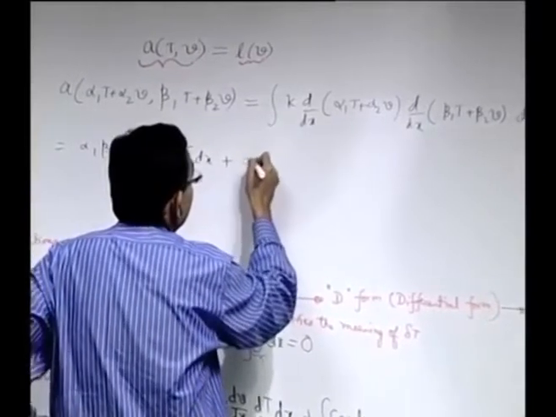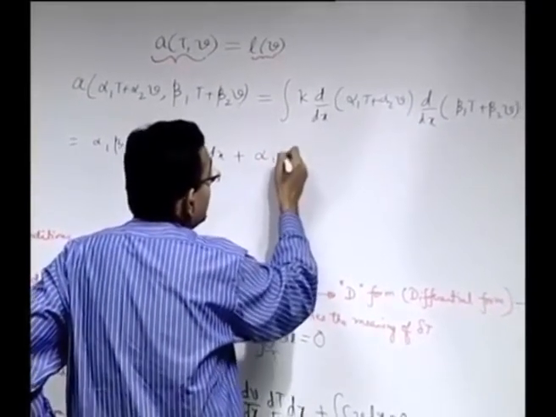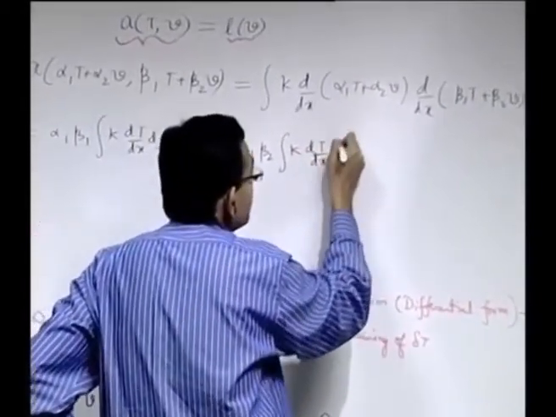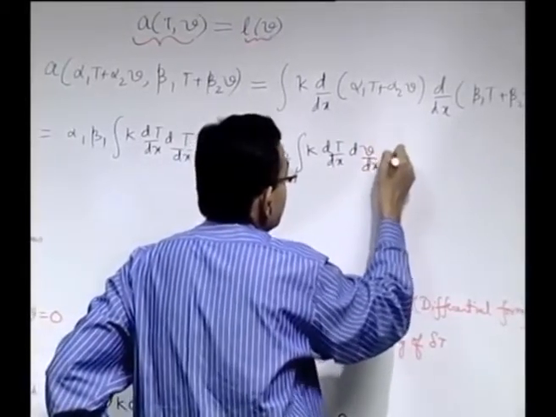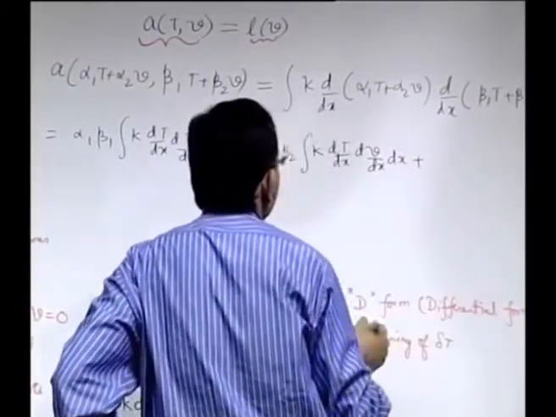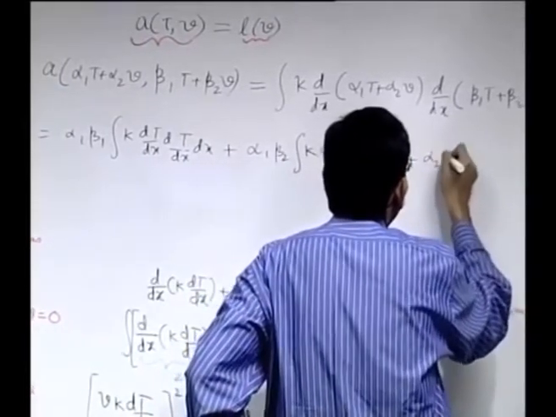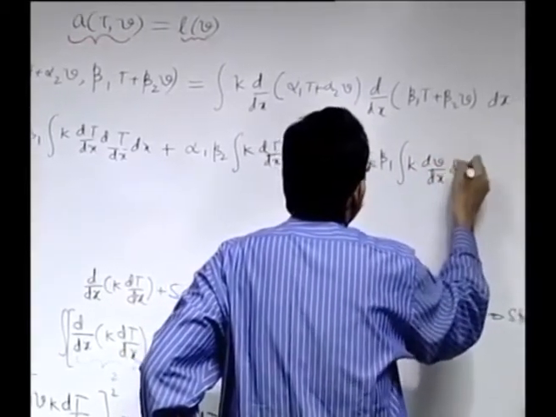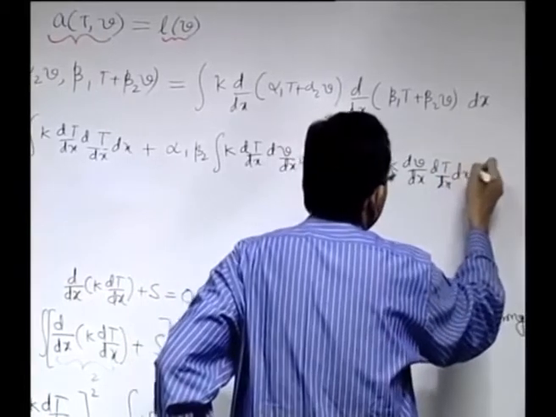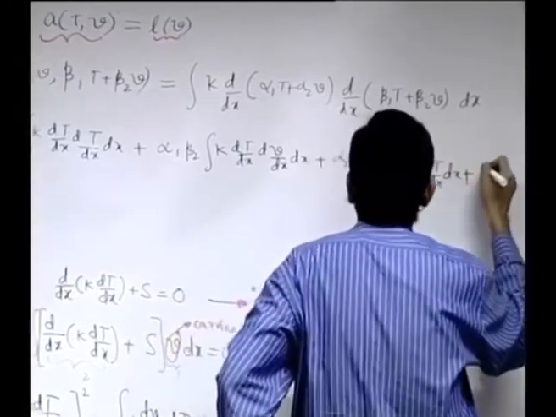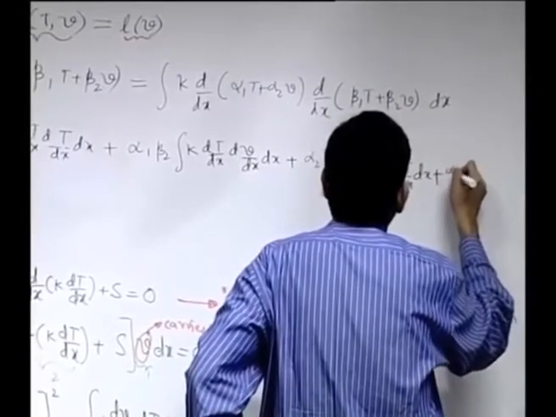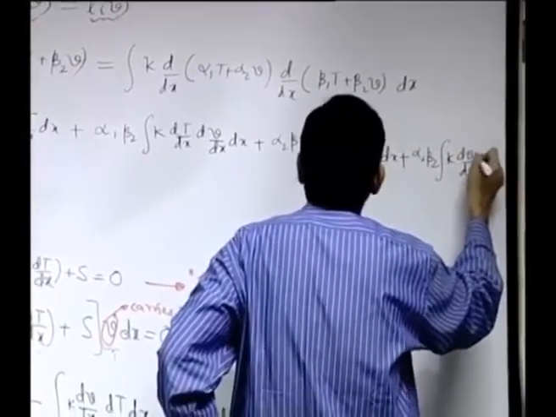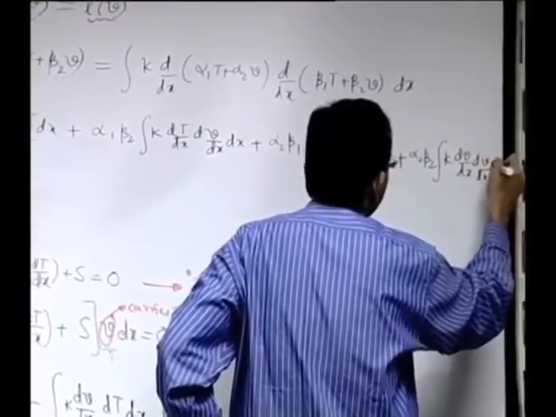Plus alpha 1 beta 2 integral of k dT/dx dV/dx, plus alpha 2 beta 1 integral of k dV/dx dT/dx, plus alpha 2 beta 2 integral of k dV/dx dV/dx dx.